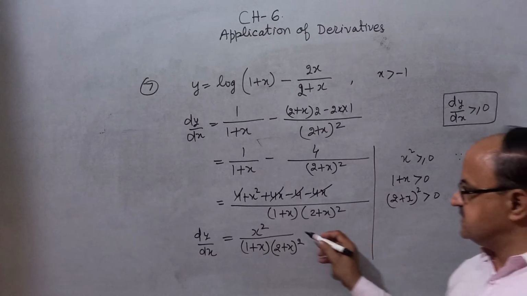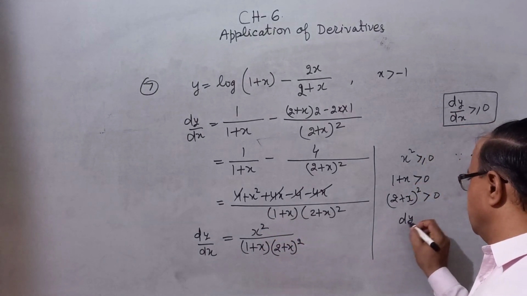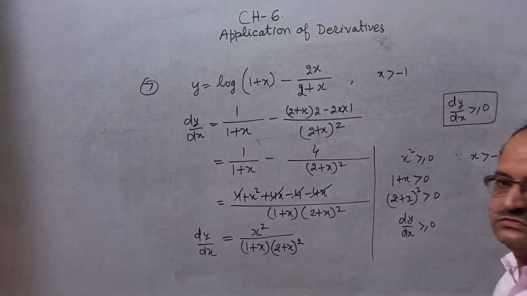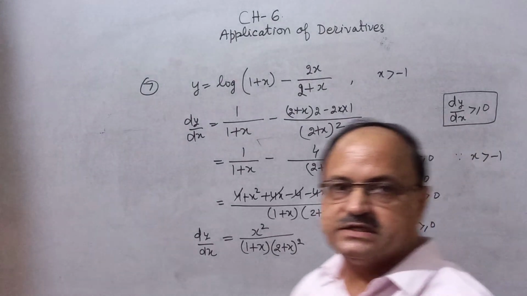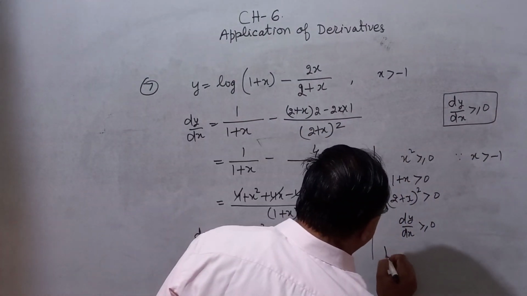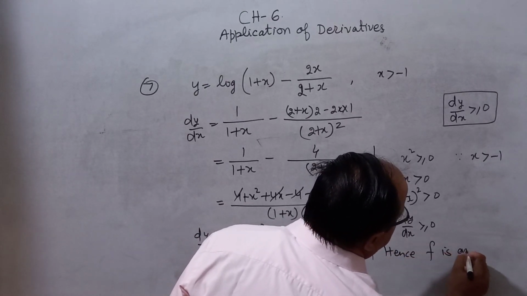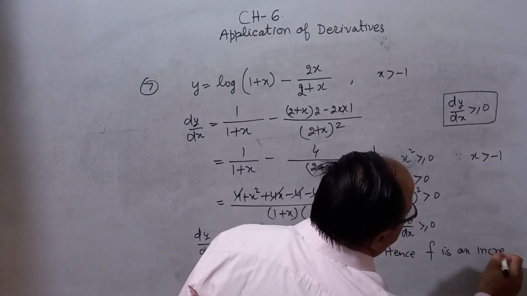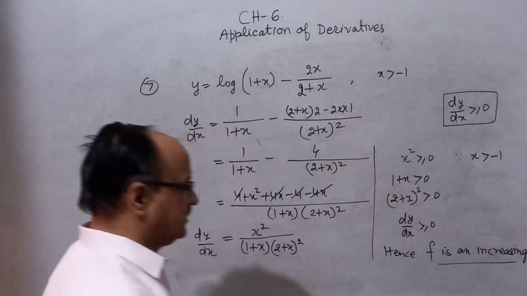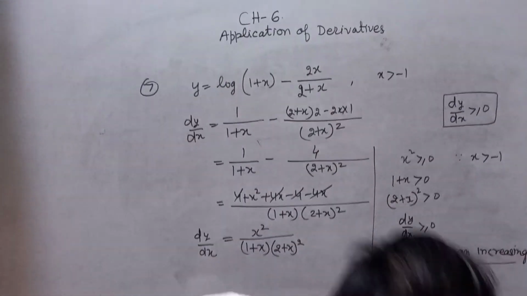So overall, dy by dx is always greater than 0. If dy by dx is greater than 0, then the function is an increasing function. Hence, the function is an increasing function. Clear? This is the solution of question number 7. Correct?